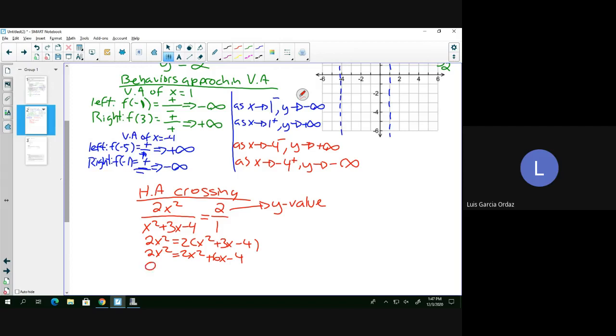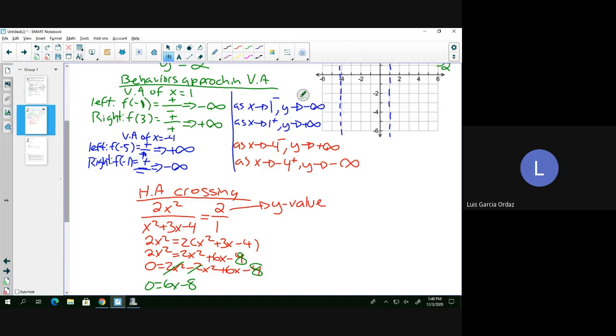So we got 0 is equal to 2x squared minus 2x squared plus 6x minus 8. So as you can see, these cancel each other out. Sorry, yes, it's 8. My bad. So 0 is equal to 6x minus 8.